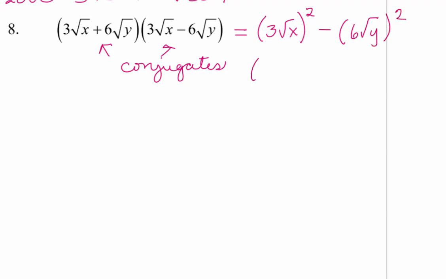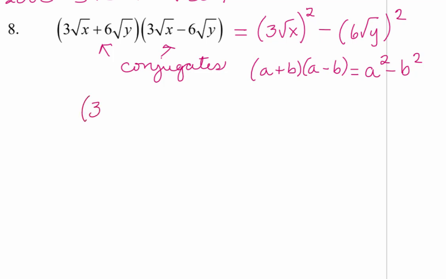Do you remember that if you multiply together conjugates, you get the difference of squares? So I'm going to use that shortcut here. Or remember, you can FOIL this, get the same thing. Okay?